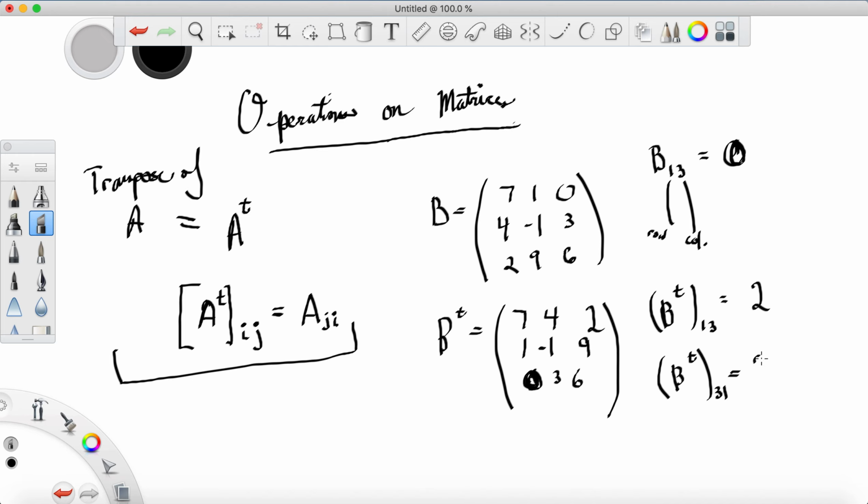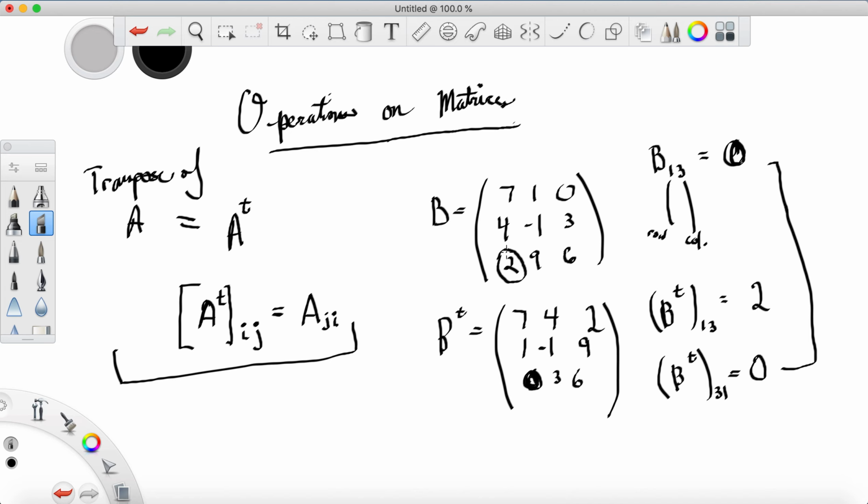That's just 0. So you can see that these two are equal, and I got that simply by switching the indices. Similarly, if I look at the original matrix, third row, first column, I would get 2.